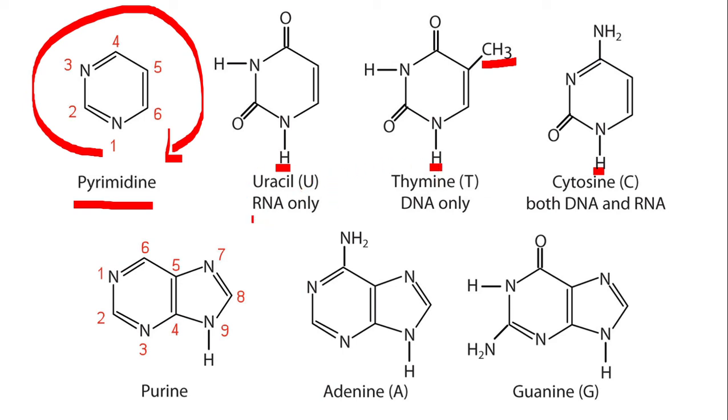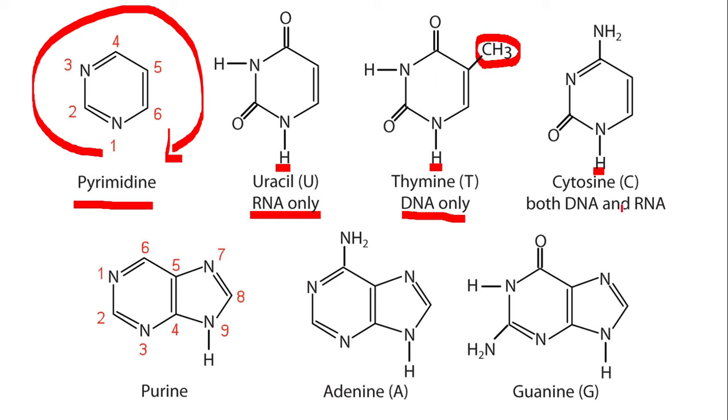See here, uracil is present only in RNA, while thymine is present only in DNA. What's the importance of thymine? This methyl group is more hydrophobic in nature. It will make the DNA more stable. So make a note of it, the difference between uracil and thymine. So that's why DNA is more stable.